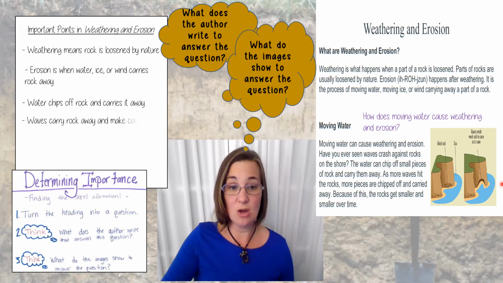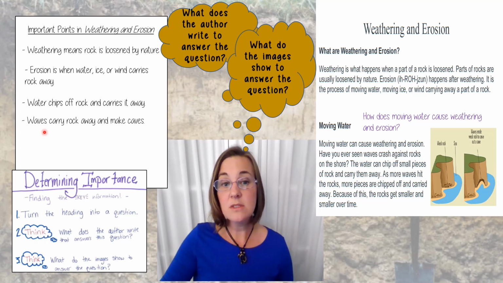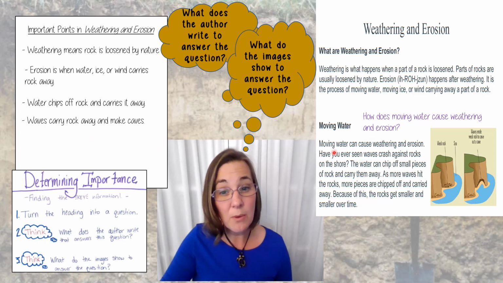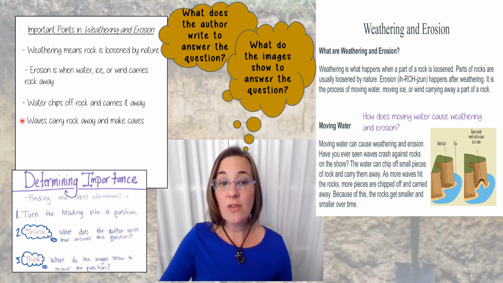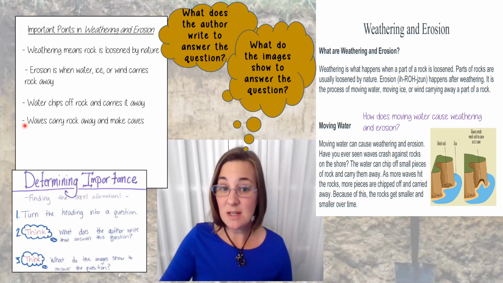Well, the image showed that it can carry rock away and make a cave. So I jotted that on my paper. Now I know that the two most important points from this section are that water chips off rock and carries it away, and waves can carry rocks away and make caves. I found the most important points of this section of the article.